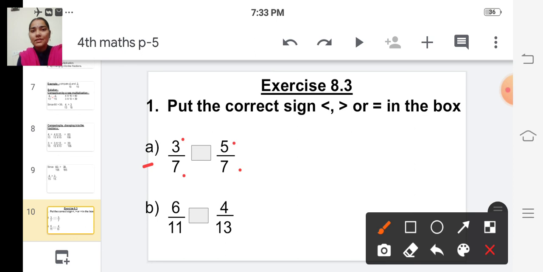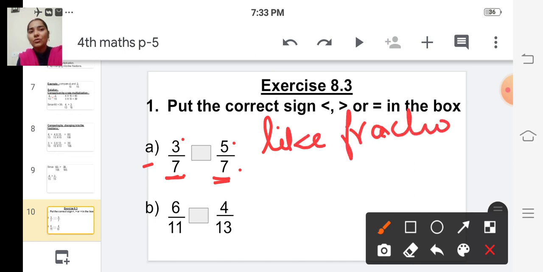Look at the fractions. Here denominators are same, isn't it? 7, 7. So denominators are same. If the denominators are same, then they are like fractions. So we have to compare only numerators.